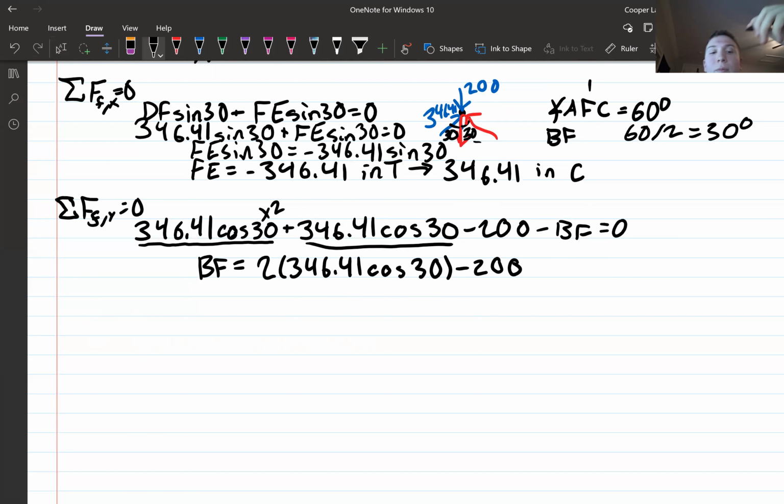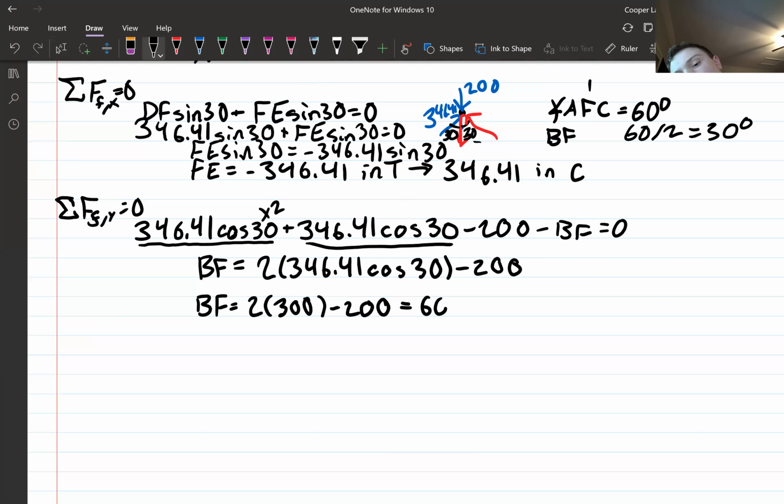Now, when I do this out, I actually end up getting BF equals 2 times 300 minus 200. So this is the same as writing 600 minus 200, which means BF equals 400 newtons. And now because this is positive and not negative, it means it's in tension, as we assumed all of them were in tension at the start.